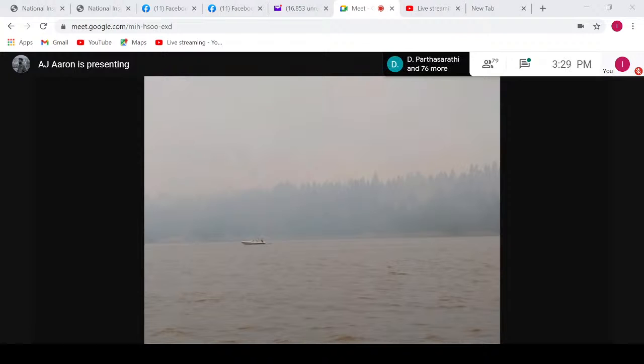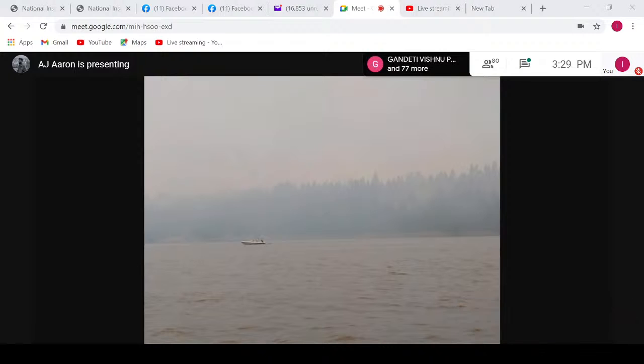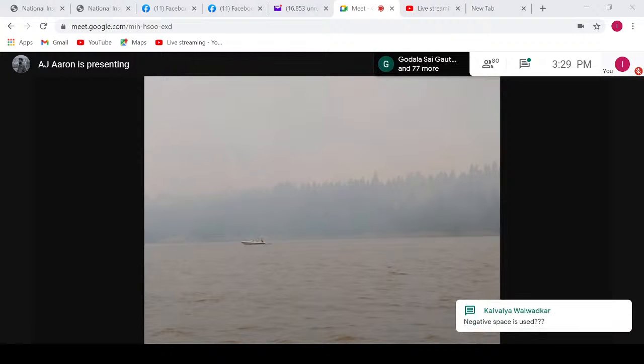Let's talk about the composition. Trees are dark in color and the boat is white, so it looks sketchy. Yeah, that's correct. Layers, yeah, definitely. Negative space is used, yeah.